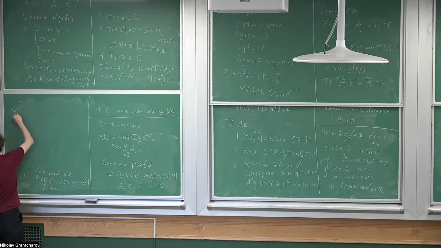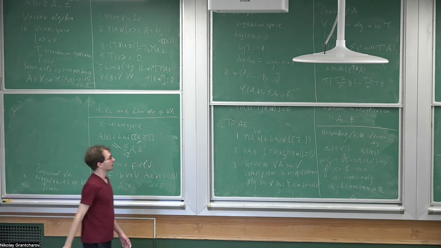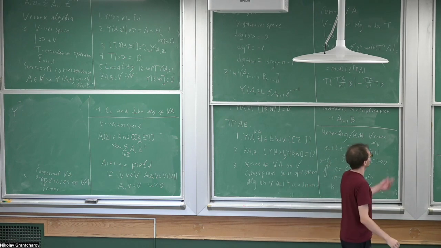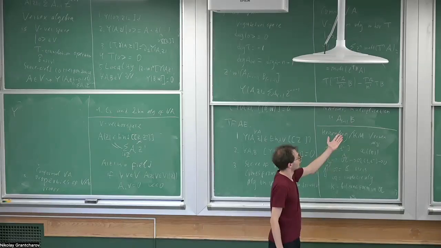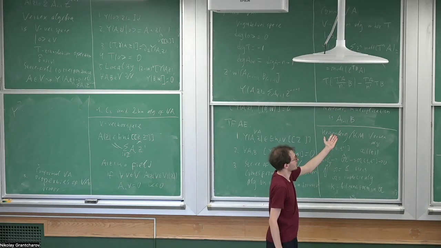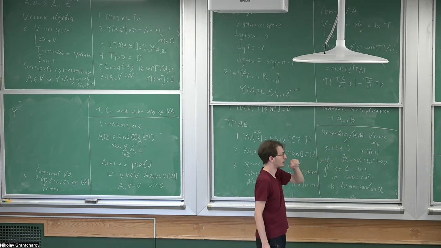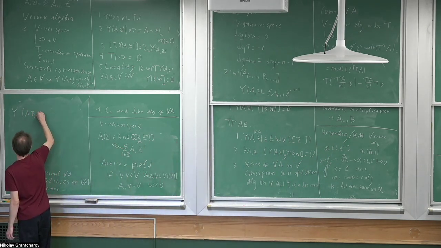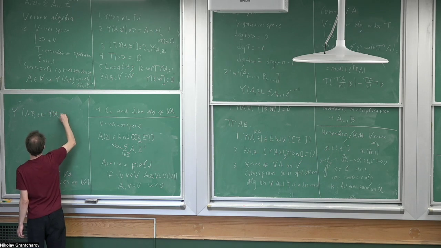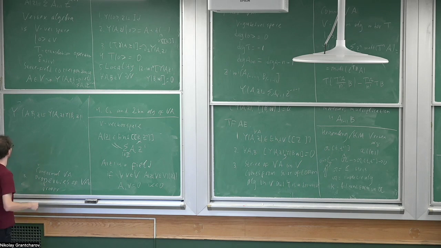If we thought of this vector space as just an algebra, for example taking the associated graded of this U, then we would write something like the product of A and B. But we cannot do it now, so we have a product.